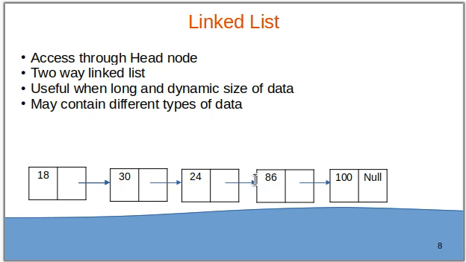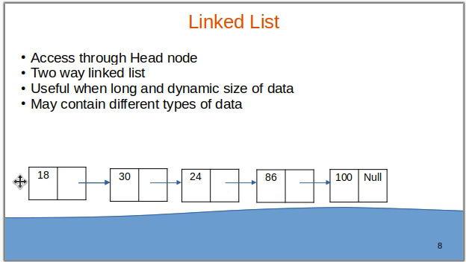So if we have to access the data of this node, we have to go through this. There are some ways to make a linked list two-way, that is a two-way linked list. This means each node contains 3 cells.